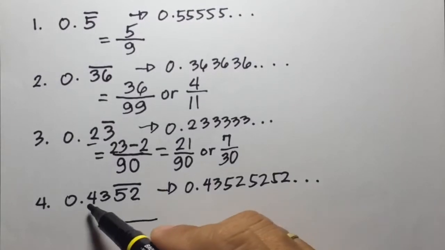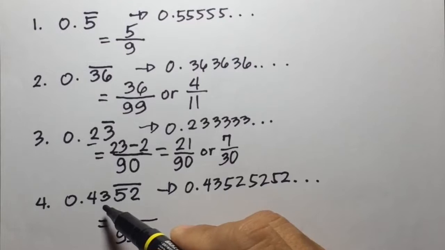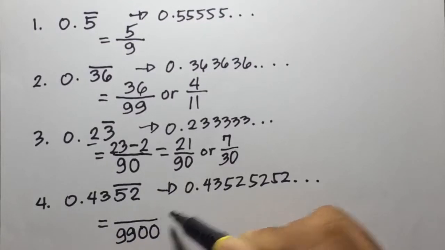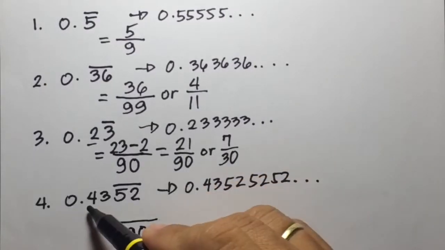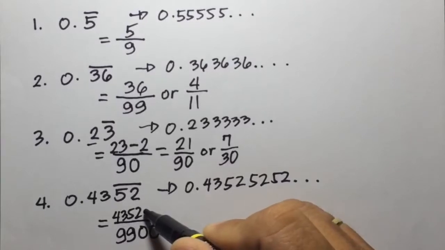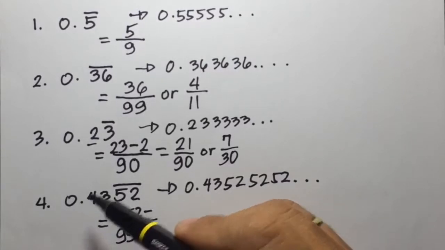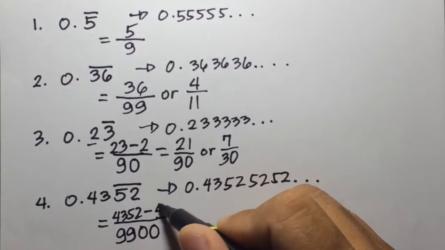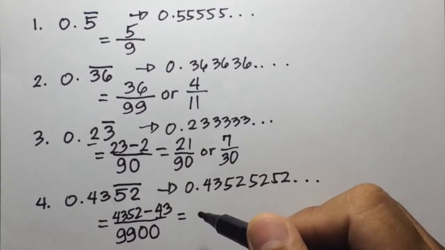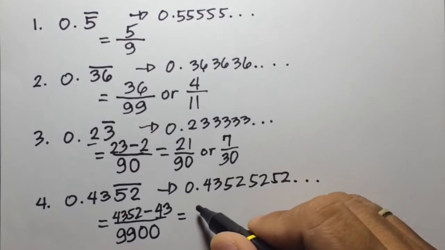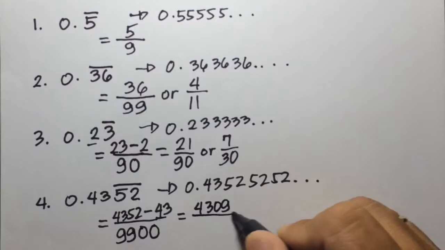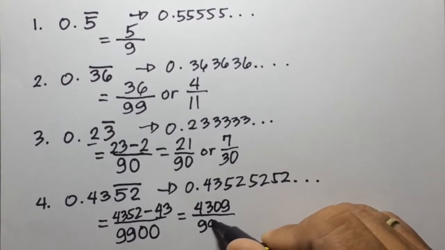Then there are two numbers not being repeated, so we add two zeros, 00. Then we write the number 4352, and subtract the number that is not being repeated, which is 43. 4352 minus 43 will be 4,309, and this is over 9,900.